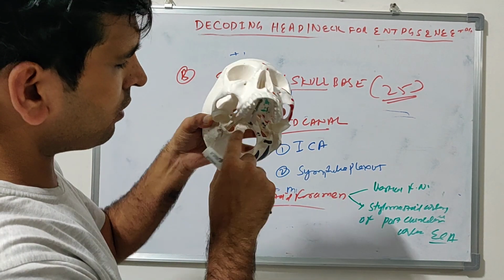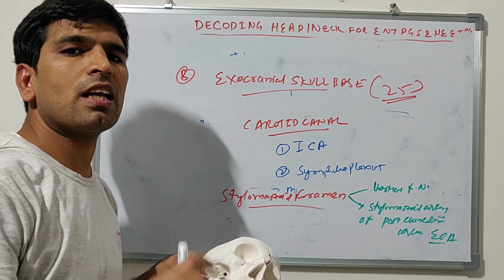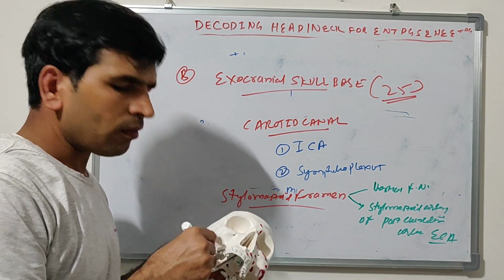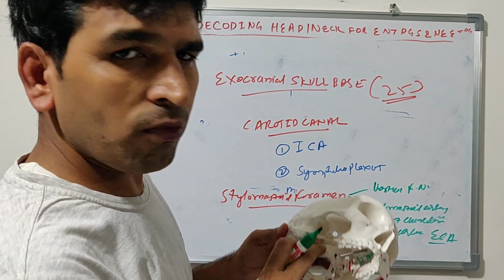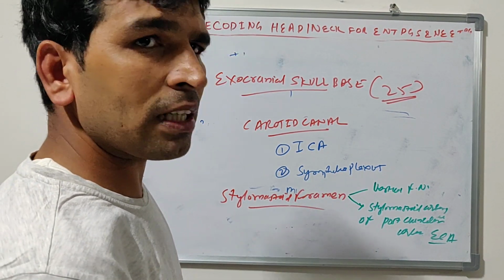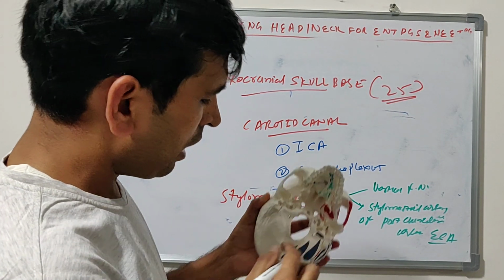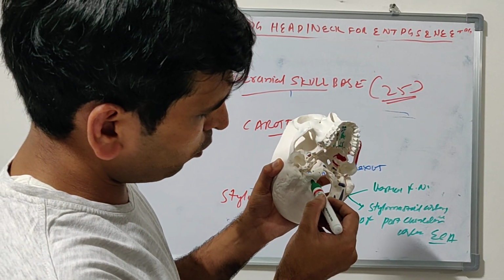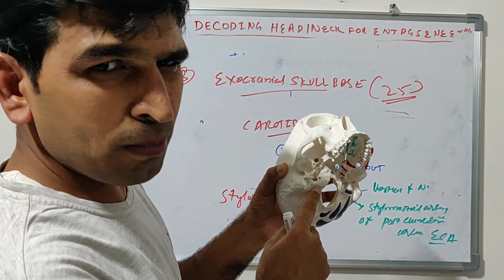Anterior to the occipital condyle is the hypoglossal canal. The structures passing through the hypoglossal canal are the hypoglossal nerve, the 12th nerve, and one emissary vein, or sometimes the meningeal branch of the occipital artery. Posterior to this is the posterior condylar canal. Mainly it is bland.